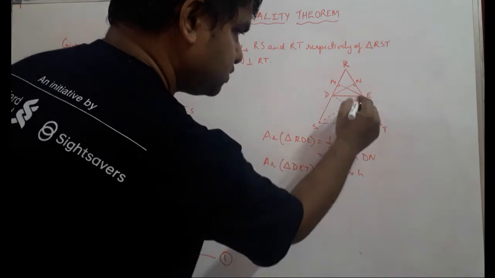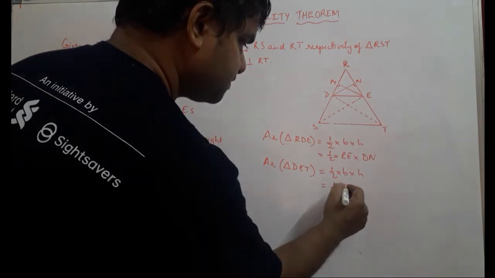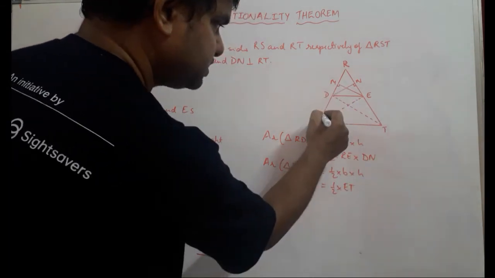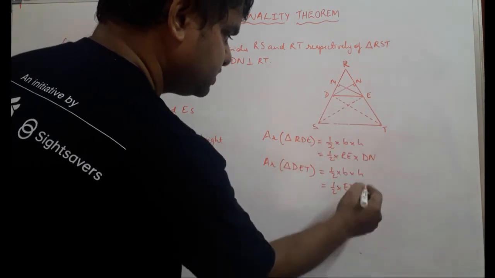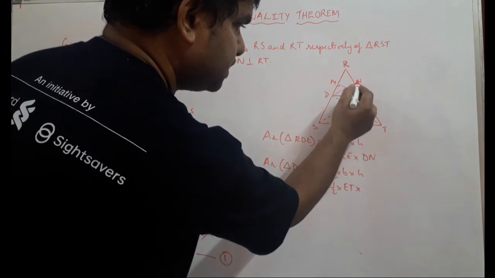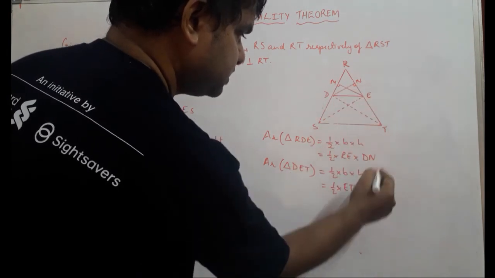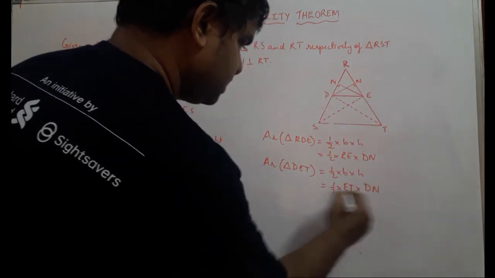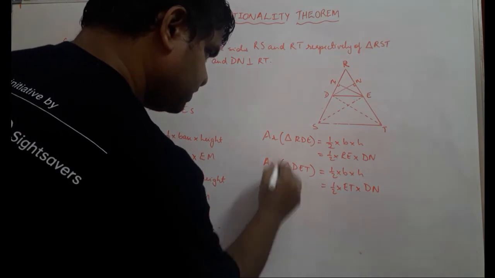So the base over here will be ET, just like in the previous triangle the base was DS, so here it is ET, and the height is of course what is perpendicular on this side, so that is DN. And once again what we do is we divide the two.